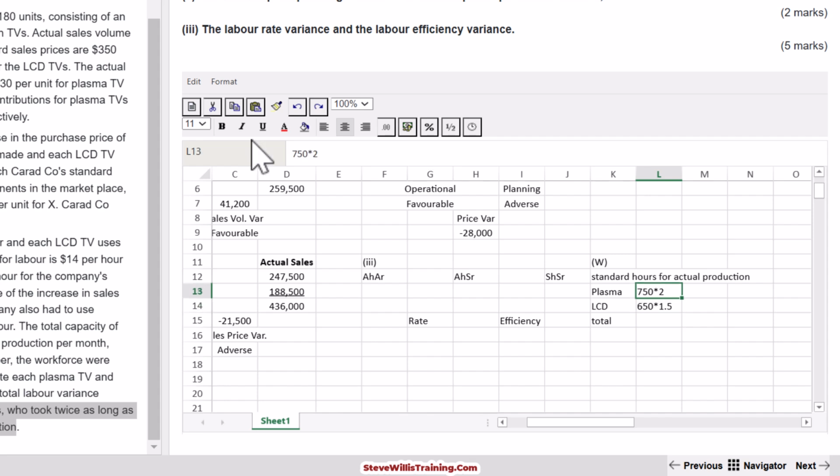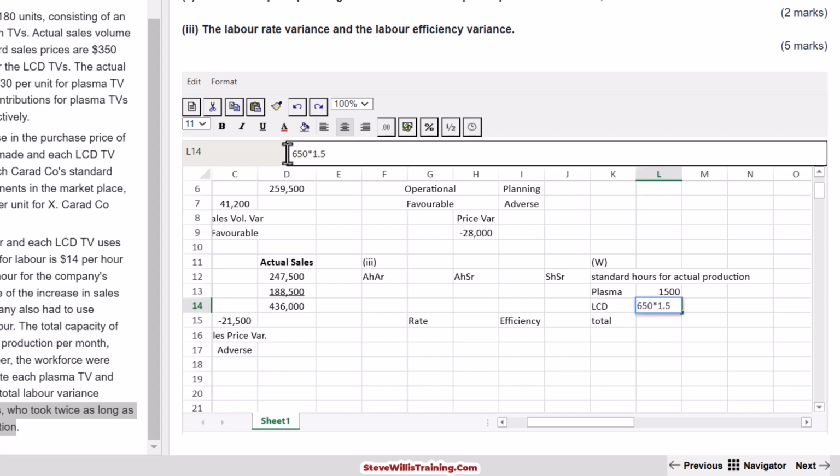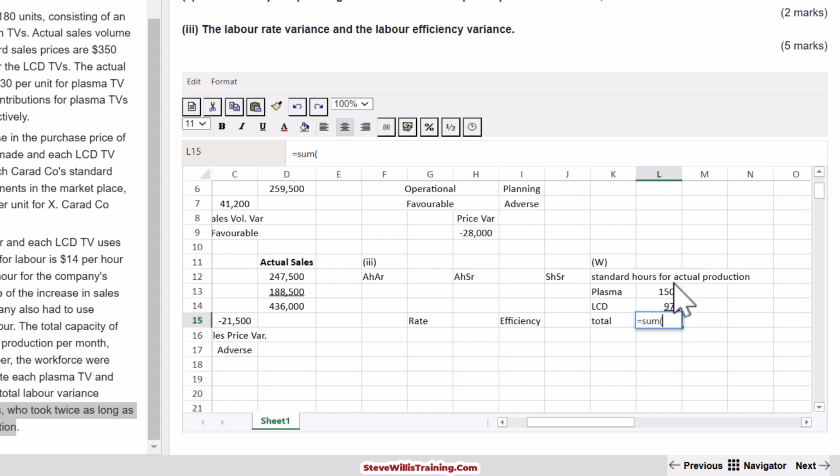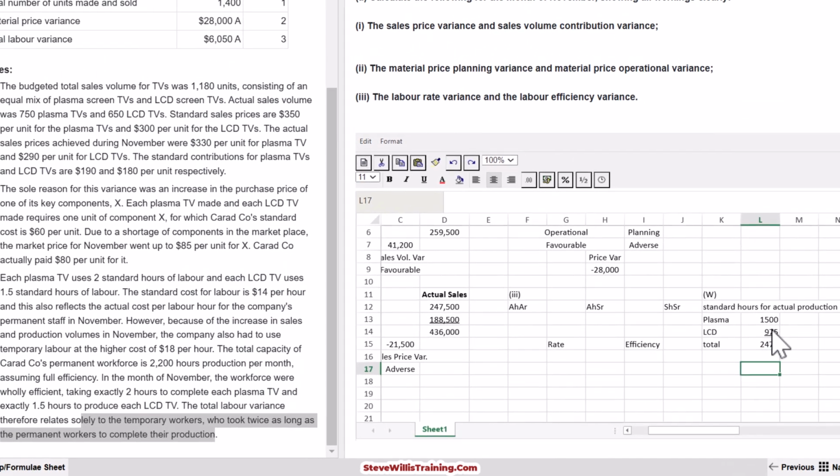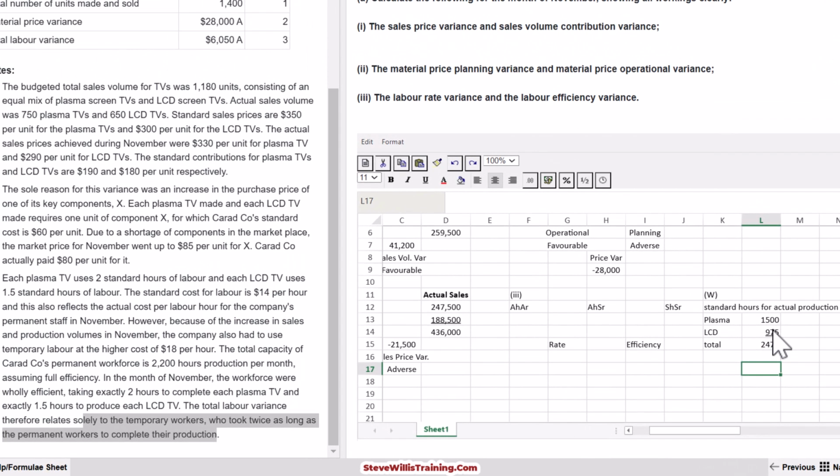Okay, let's put some equal signs in front of those. Let's add those up with the handy dandy sum function. That is how long it should take us to make those TVs.